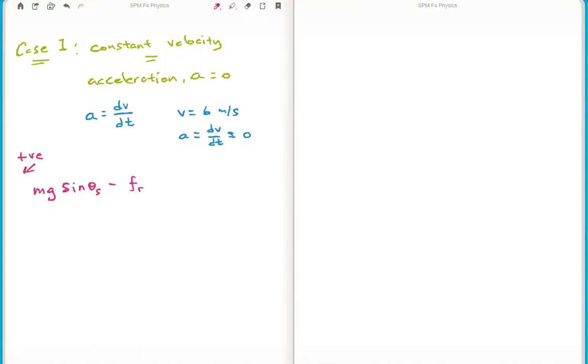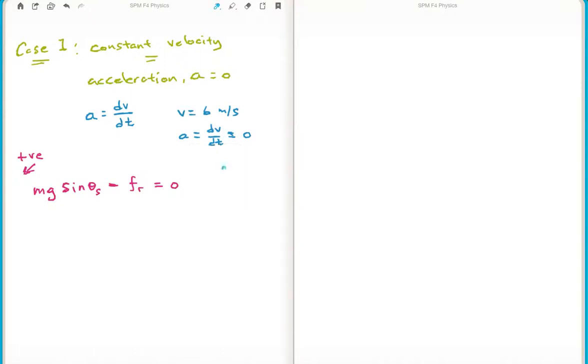I define positive going downwards, that's why this is positive and this is negative. When it's moving at constant velocity, the overall equation is equal to 0. Why is it 0? Because this is a force quantity, this is also a force quantity, and force is equal to ma.